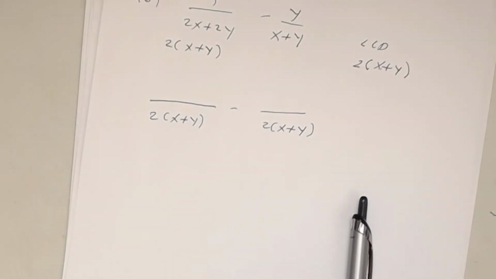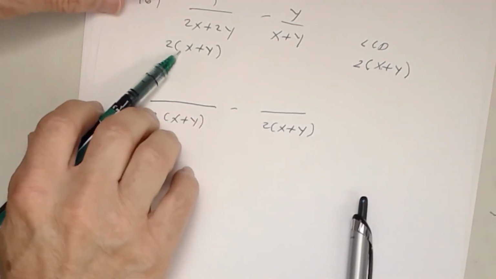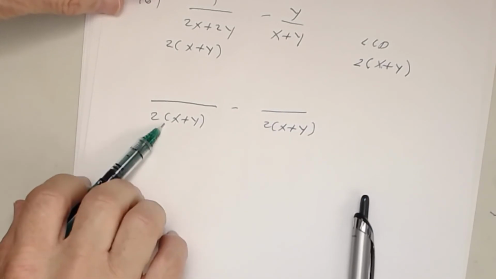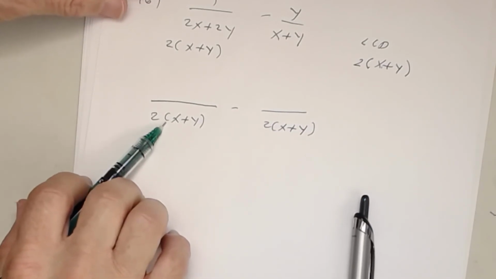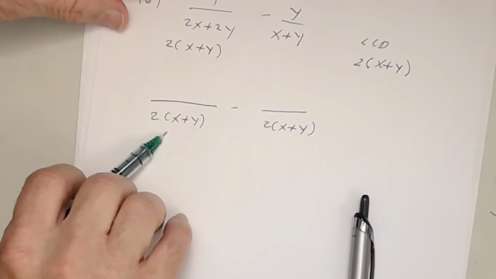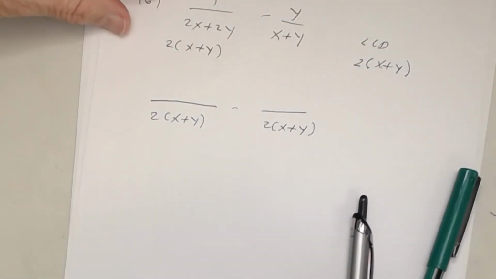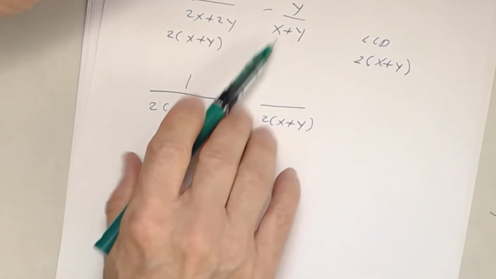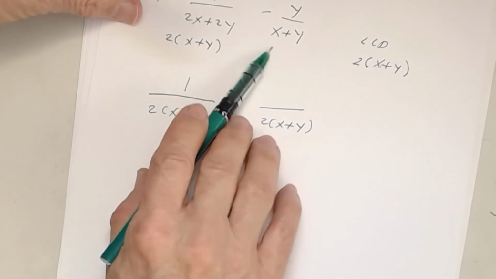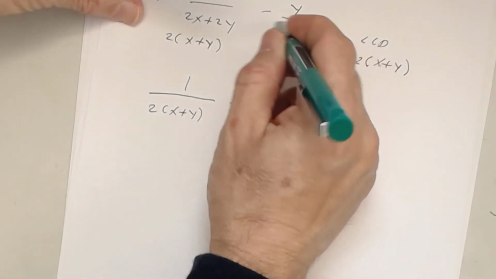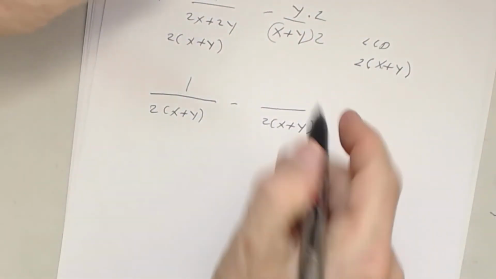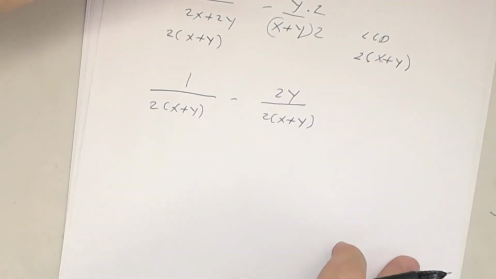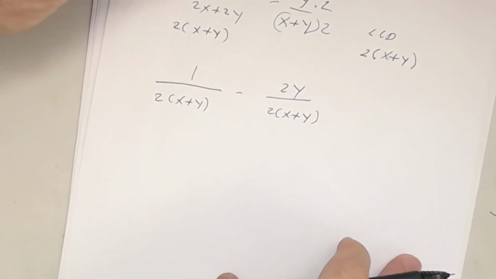So 1 divided by 2 times x plus y is equivalent to itself. The denominators are the same, so the numerators have to be the same. So that's 1. All right, now let's do this one, though. The denominators are different. I have x plus y, I want this. So what's missing? 2. So I got to multiply this by 2 and this by 2. So I'm going to have 2y in that numerator of the second rational expression.